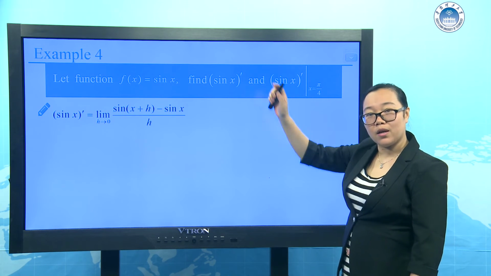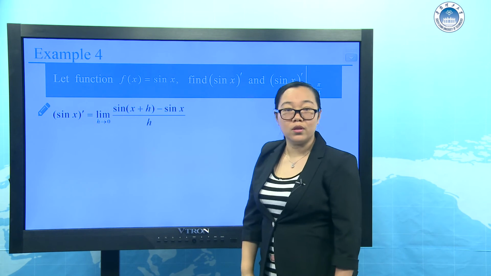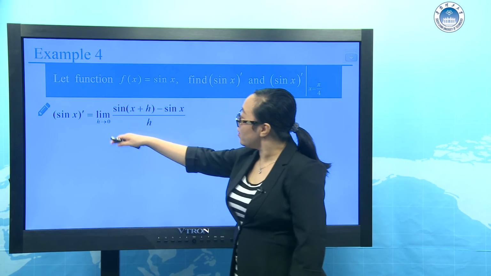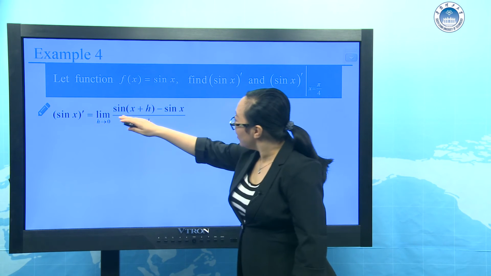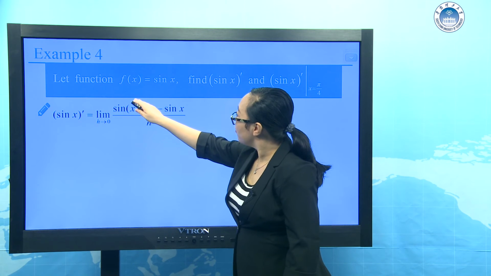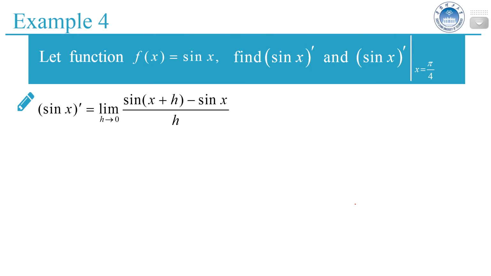So now look at the concrete steps. Sin x prime equals, by the definition, limit of f(x plus h) minus f(x) over h, as h tends to 0. Some students don't understand this step. Why write it in this form?